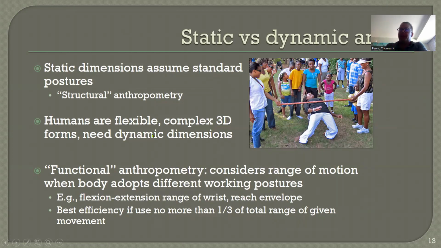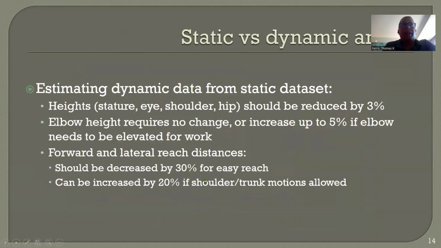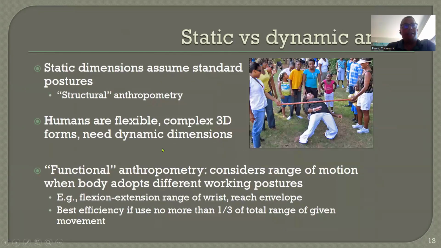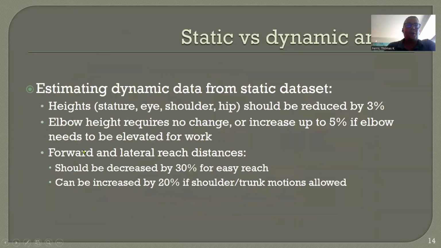And then there are a couple of heuristic rules of thumb here. Do I have it here on the next page? Maybe not. Sorry. Yeah, 30%. There it is. So, forward and lateral reach, you can say, if I'm sitting real still and super stretch, like being in a static position, I can actually add 30% if I'm allowed to twist and turn my body.